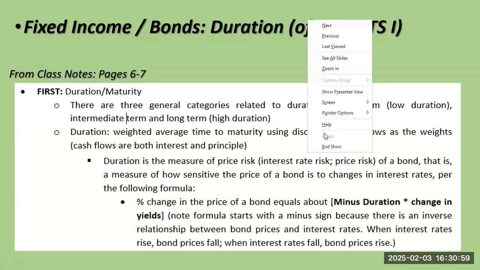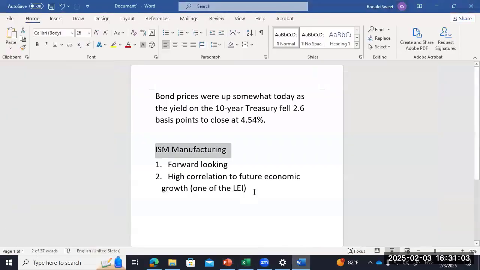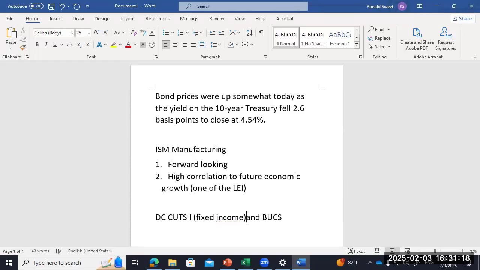So before we get into this, let's talk about what we're going to do this part of the paper exam. So for DC cuts I and bucks, DC cuts I is for fixed income. Bucks is for stocks.